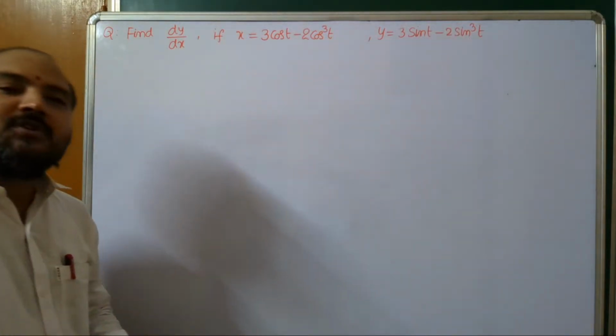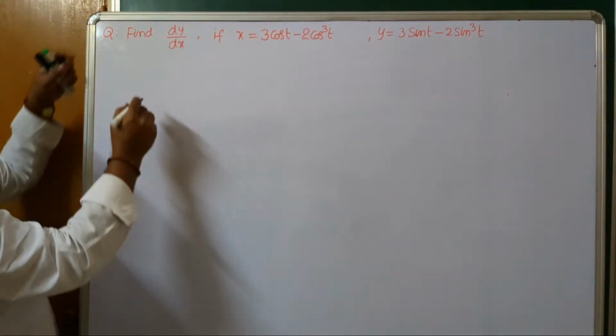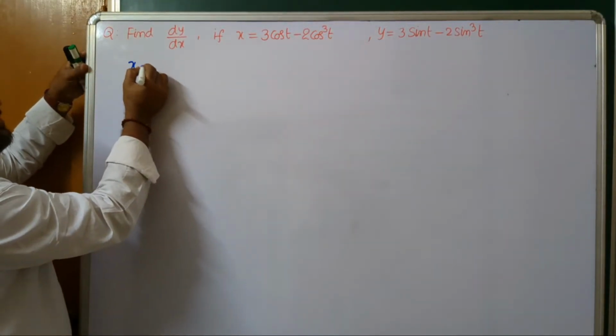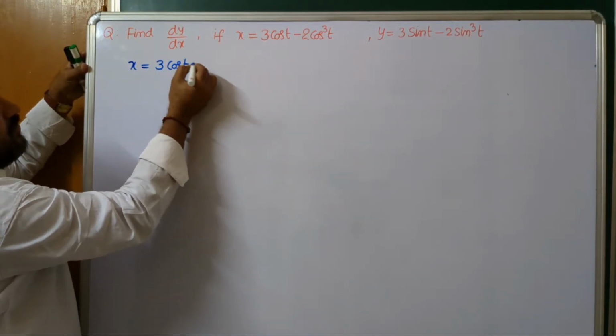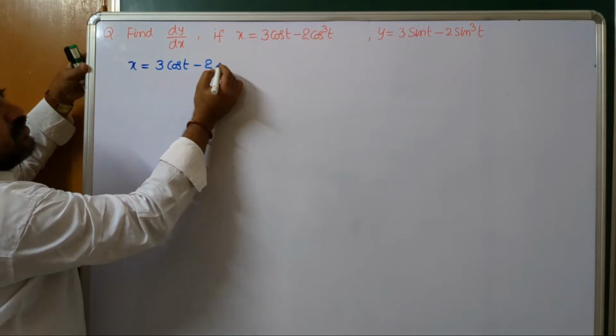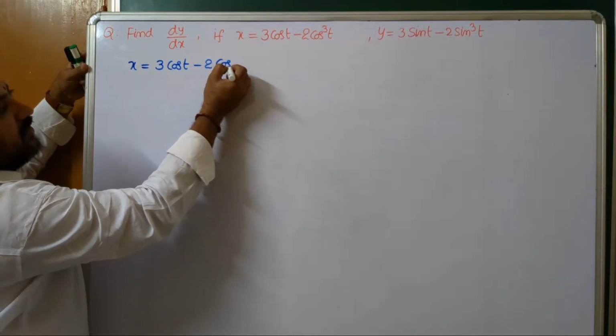So how to do this kind of question? x is equal to 3 cos t minus 2 cos cube t.